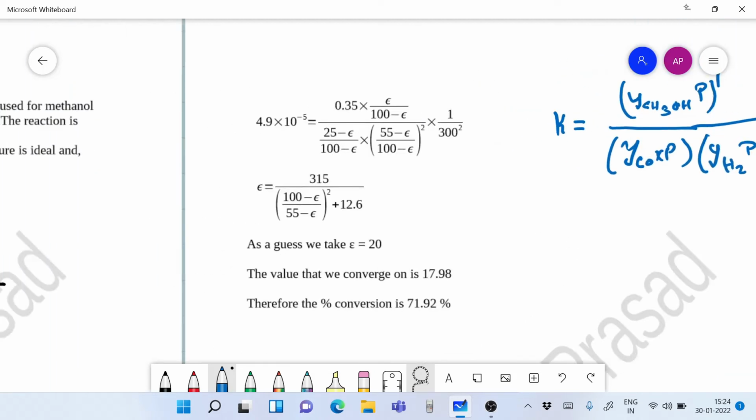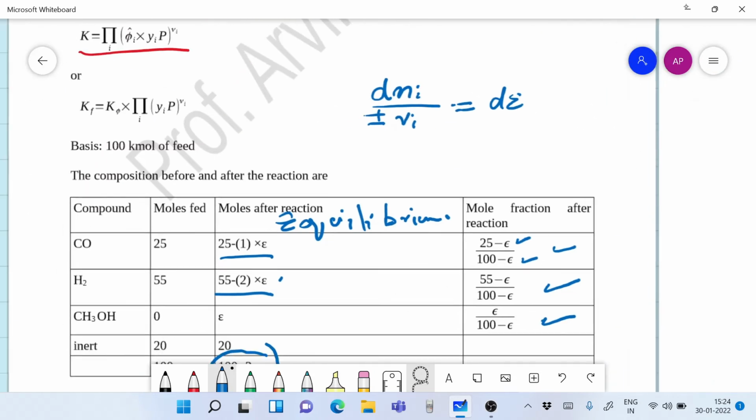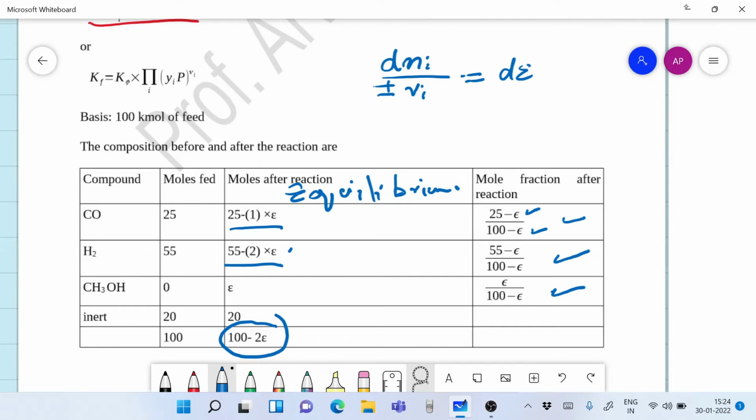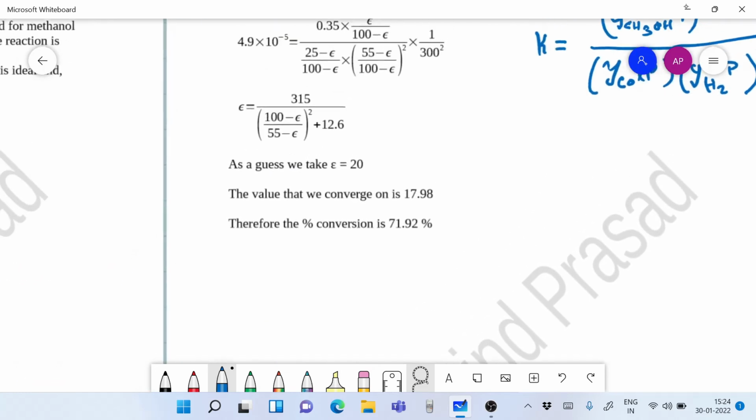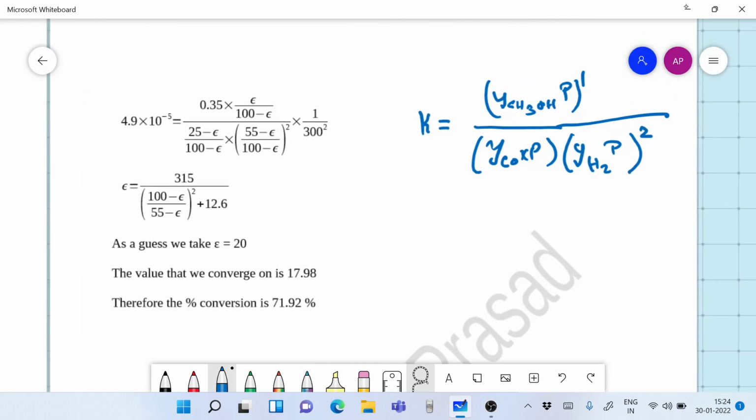So when we replace what we have got in this column, that is the mole fraction after reaction, in this equation, of course this equation is nothing but this.